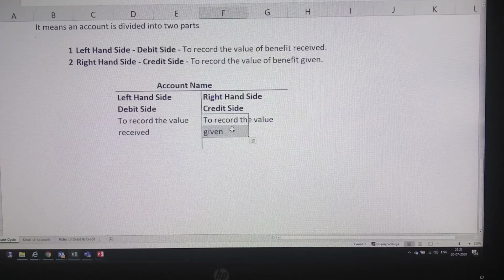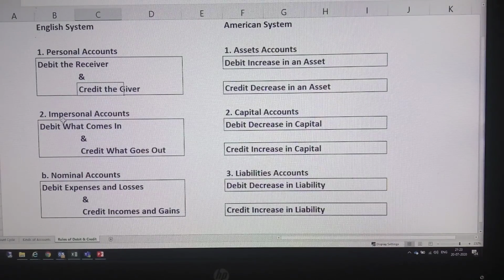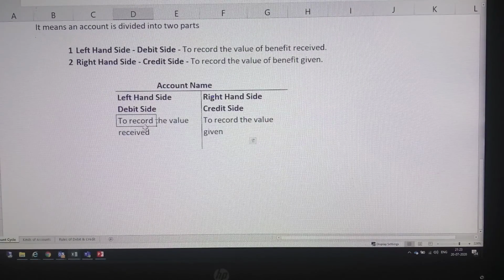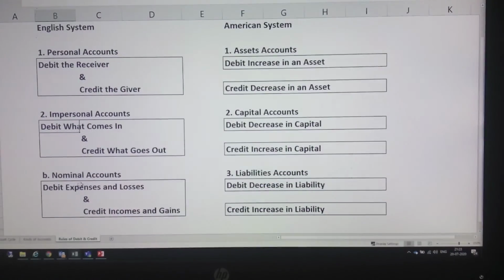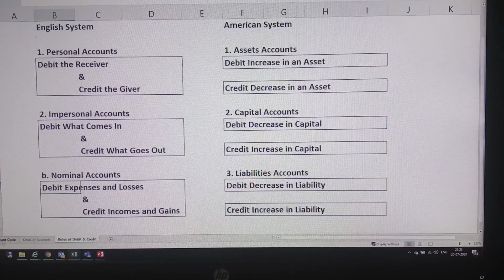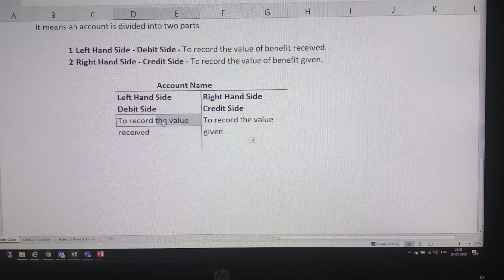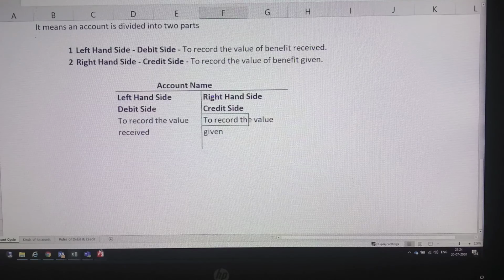So this is where we are giving the value of the amount. In an impersonal account, debit what comes in, again to record the value received, and credit what goes out to record the value which is given. Debit expenses and losses, and credit gains and incomes.